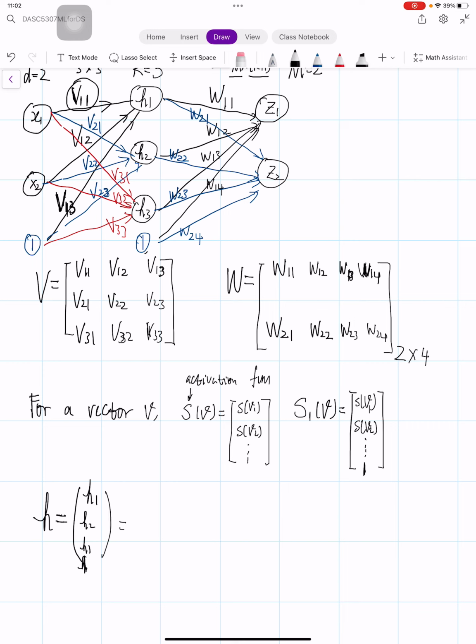This is just equal to S1 applied to the vector v times x.